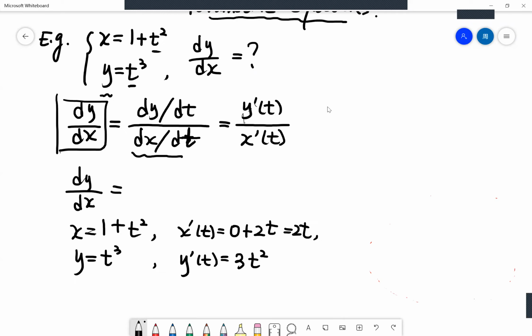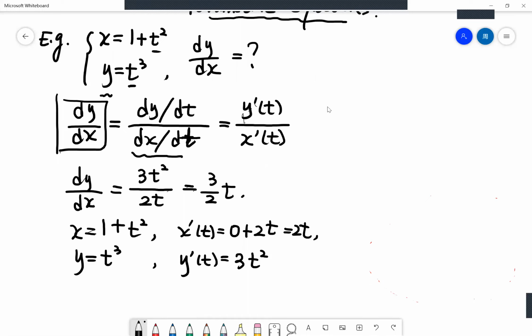So we know that dy by dx equals 3t squared over 2t, which equals 3t by 2. So here, dy by dx equals 3t by 2.